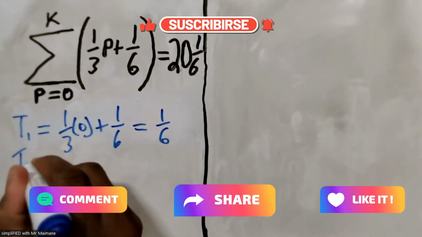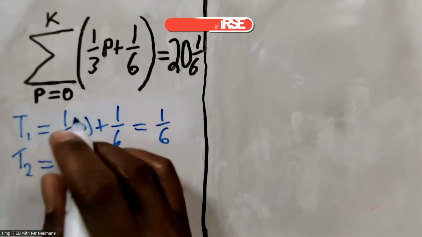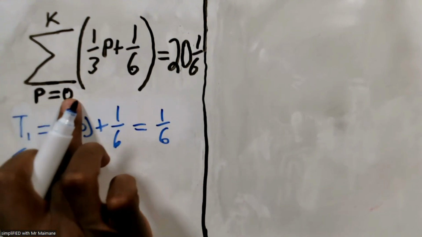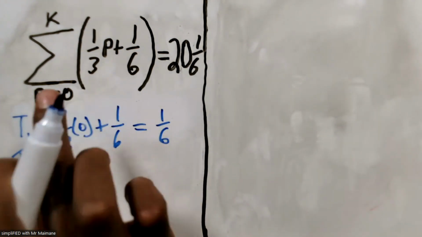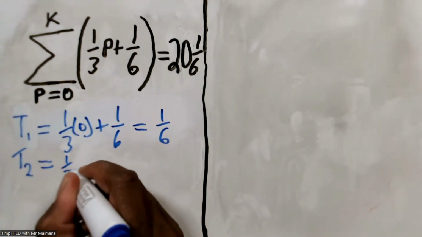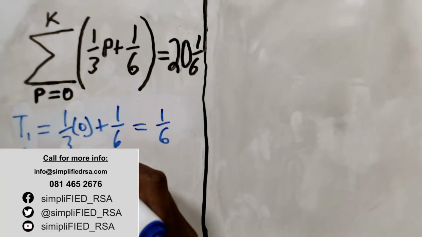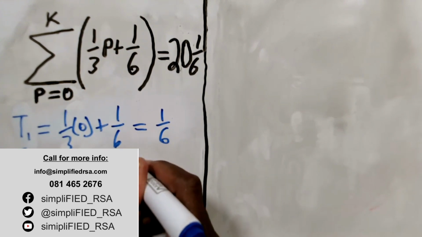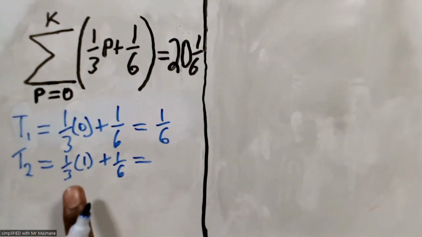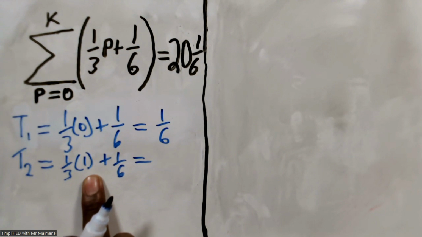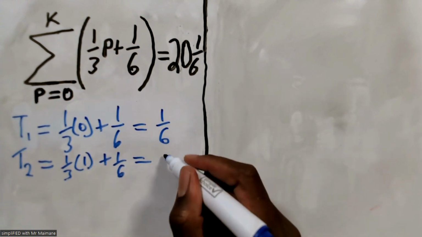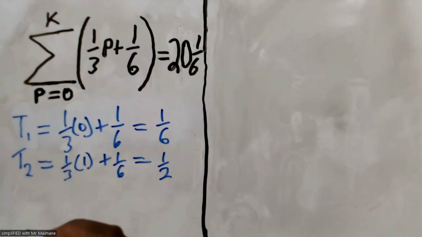Same applies to T2. For the first term p was 0, now I'm going to put 1 because it's the second term. So for the second term, it's going to be 1/3 times 1 plus 1/6. This will give me 3/6, and 3/6 is the same as 1/2.